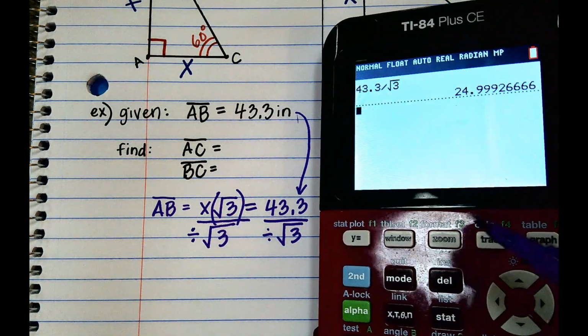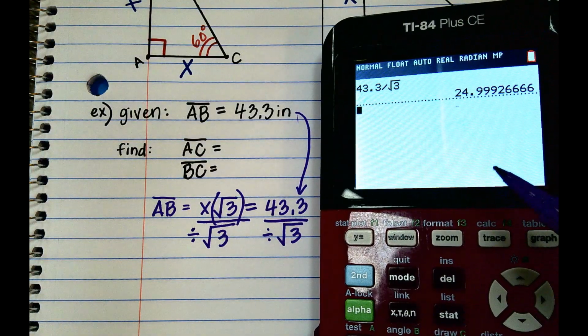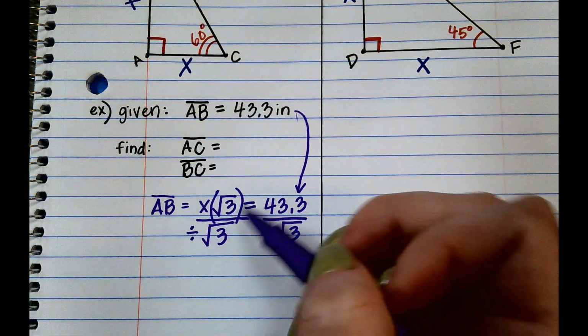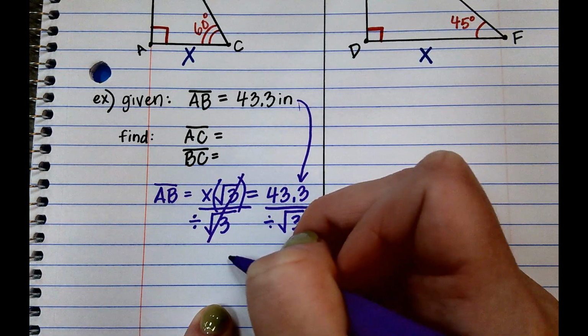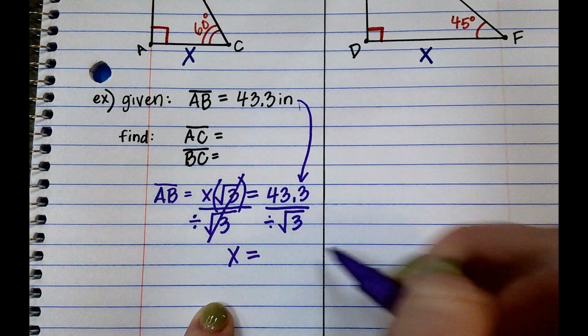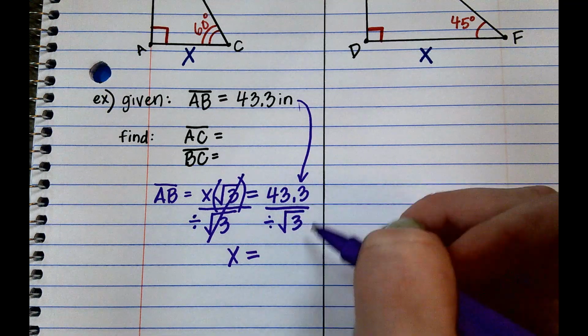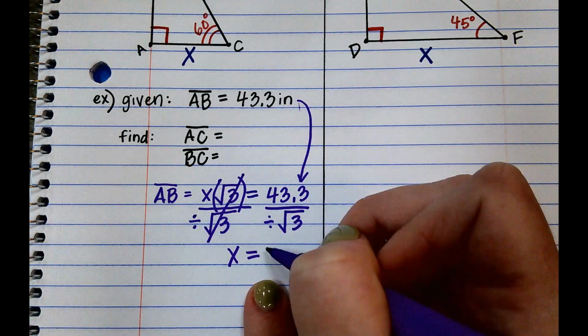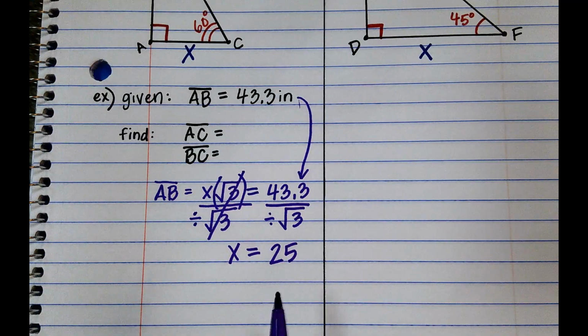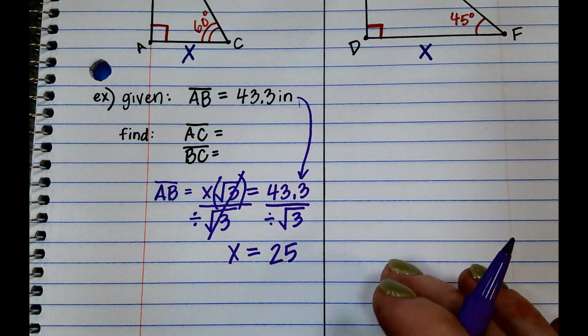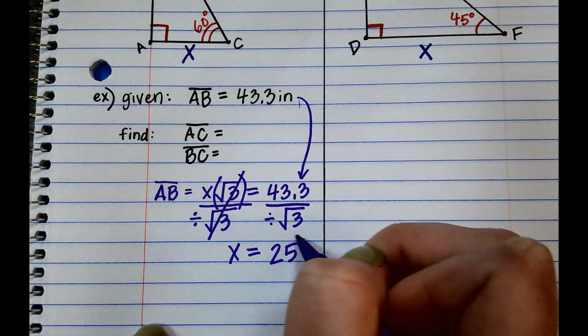That's so close to 25. We'll just round it up to 25. So on this side, my radical 3 is canceled out, and I get x by itself. And we just found that 43.3 divided by radical 3 is about 25. So we're using AB to figure out what x is and then plug x into the other two. That's exactly right.